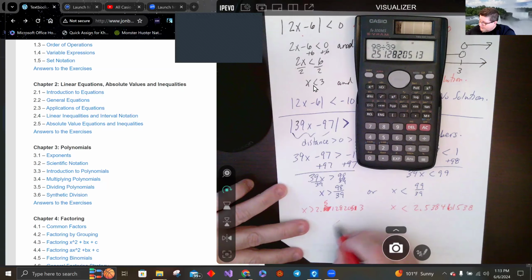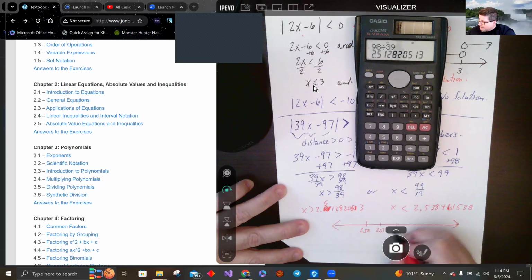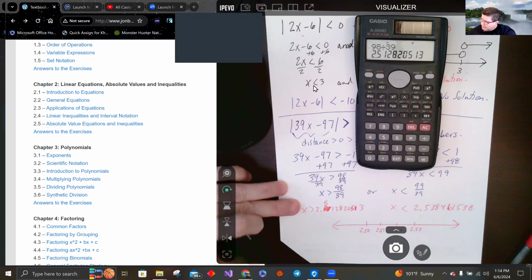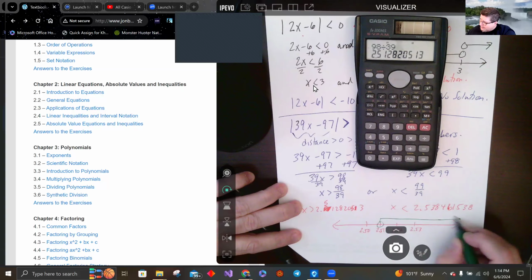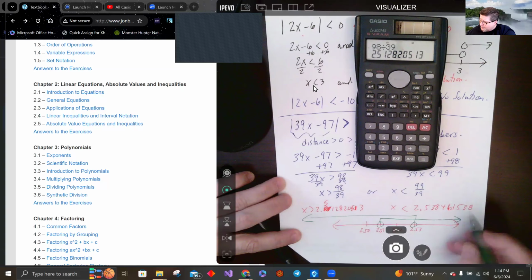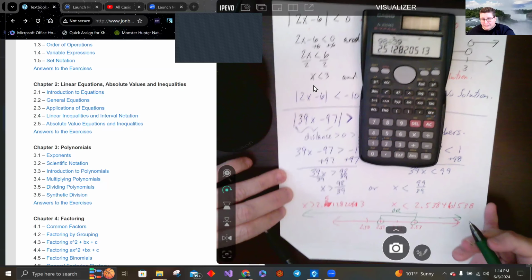All right, so if I do a number line, I've got 2.50, 2.51, 2.52, 2.53, onward. Greater than 2.51 is that way, and less than 2.5 is this way, but it's an or situation, so it's not the overlap.